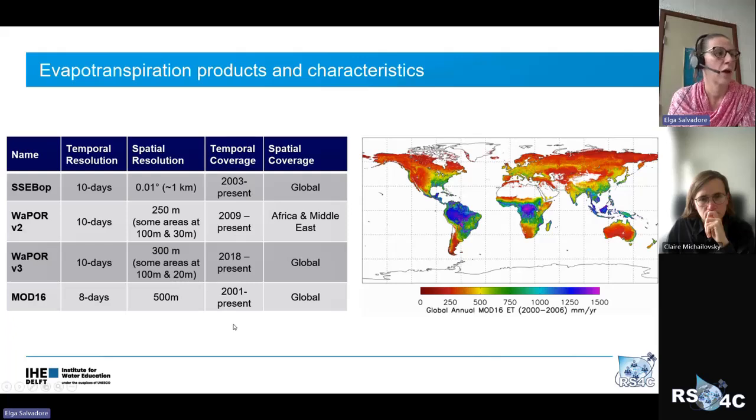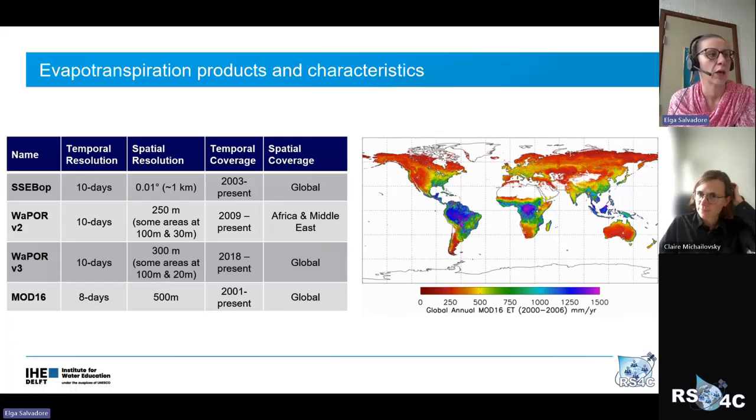And this is a bit how it looks. So you have maps, like, this is a global product for evapotranspiration, where you see, in this case, how many millimeters per year of actual evapotranspiration were recorded with this technique in a certain period of time. So it's an average of a number of years.